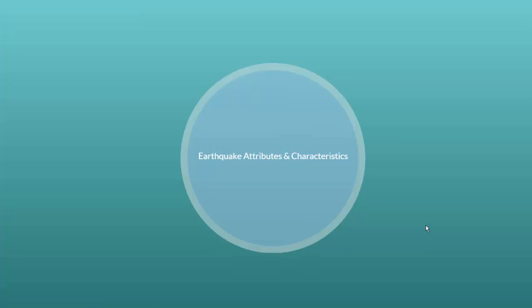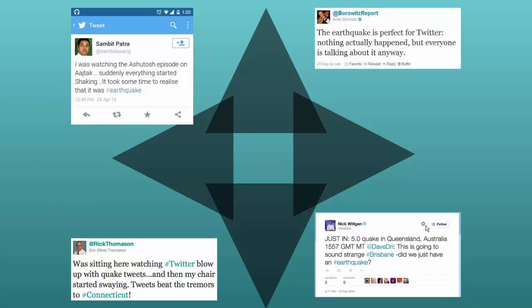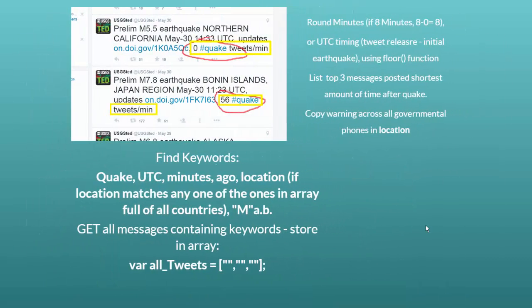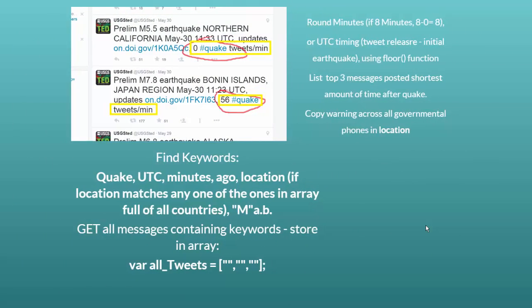Alright, so now that we know the attributes and characteristics of an earthquake, let's move on to how to detect an earthquake using social media. So, for example, let's say we have something like Twitter. To build an algorithm that detects tweets warning of an earthquake, first we have to detect the keywords.